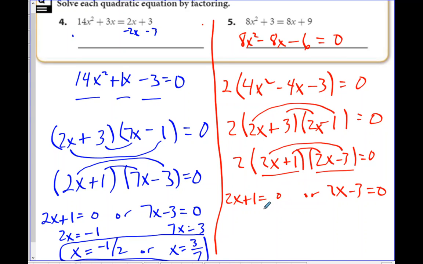Subtract 1 from both sides, and you get 2x equals negative 1. And then divide by 2, you get x equals negative 1/2. Or on the other side, add 3 to both sides, we get 2x equals 3. And then divide by 2, you get x equals 3 over 2. So those are our two possible solutions.